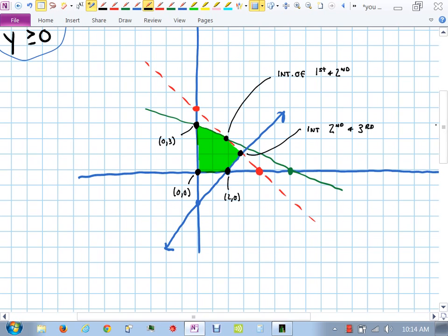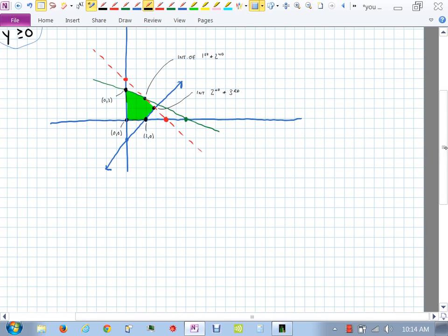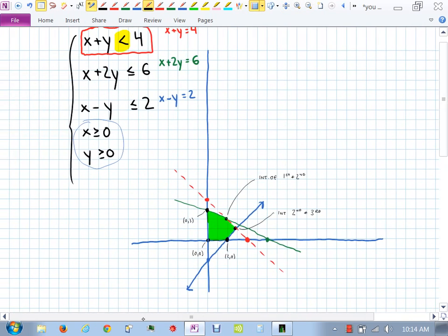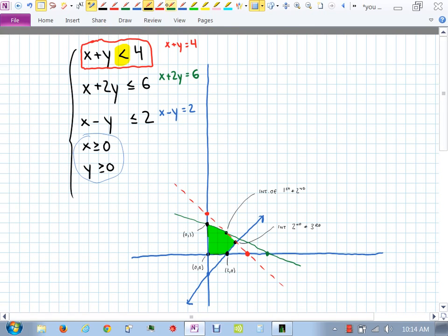Well, let's see. Let me go back. Let me zoom back out here. The red one we'll call line 1, okay? The green one was line 2, right? And then the last one was line 3.